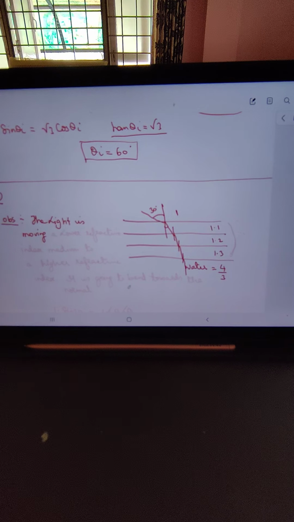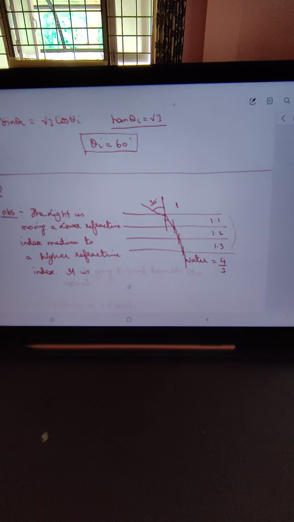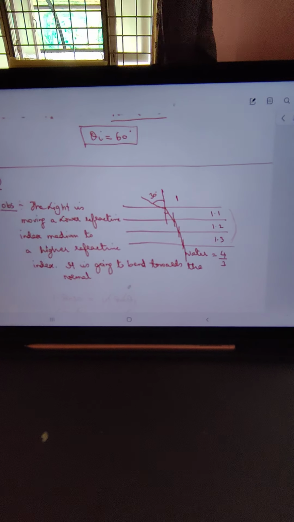So it is going to bend towards the normal. Right? This one thing is clear to us, that it is going to bend towards the normal.